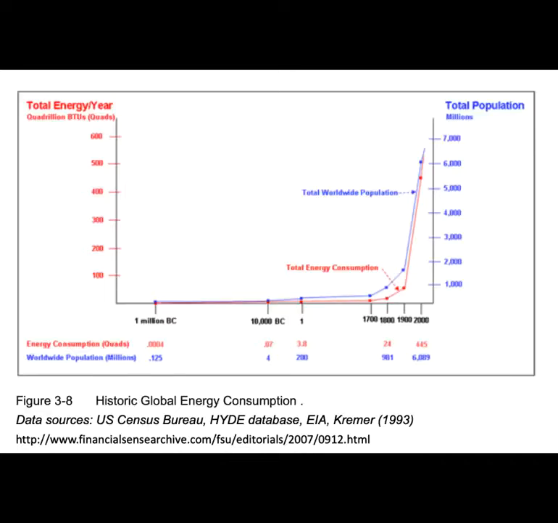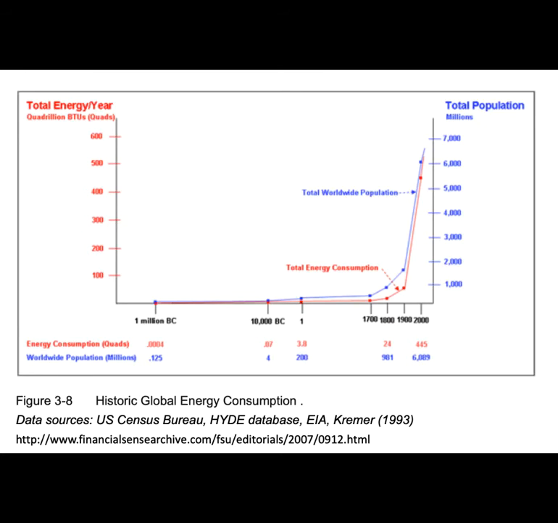One final thing before we close. Exponential growth in humans is not without its effects. In this graph here, you can see the J-shaped growth of human population, and with it, you can see the J-shaped growth in energy consumption.